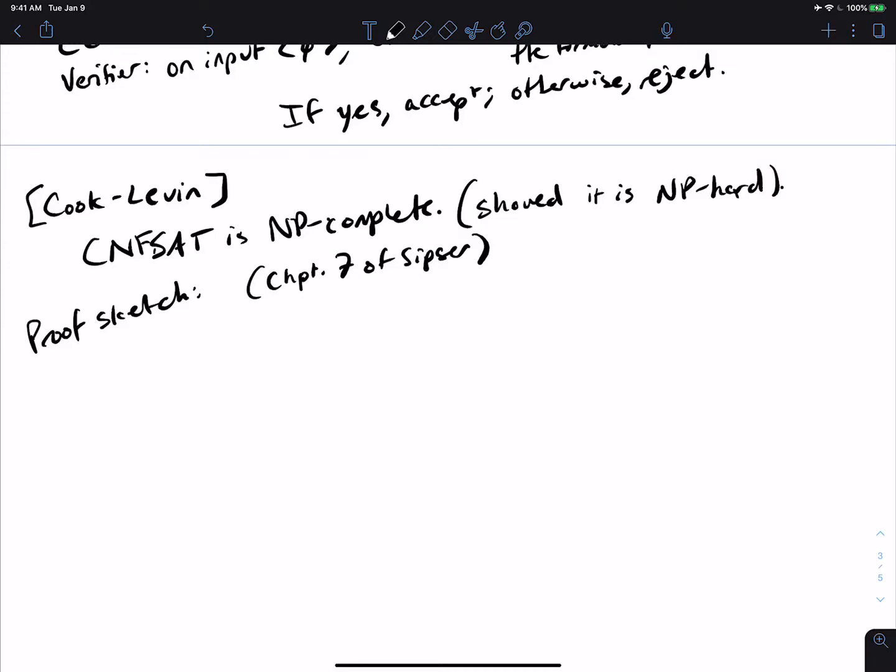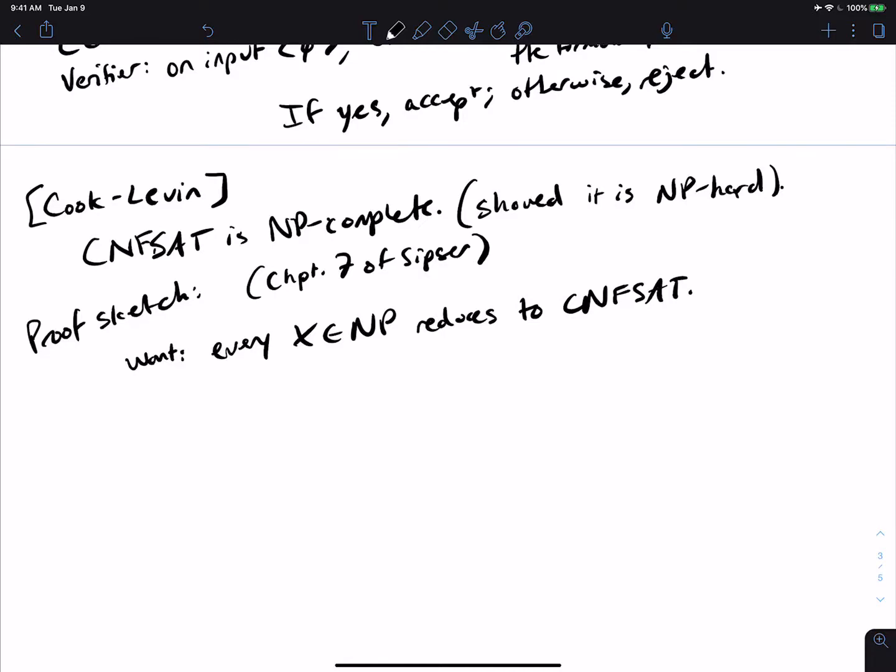So what do we want to do? We want to show that every x in NP reduces in polynomial time to CNF-SAT, because that's the definition of NP hard.